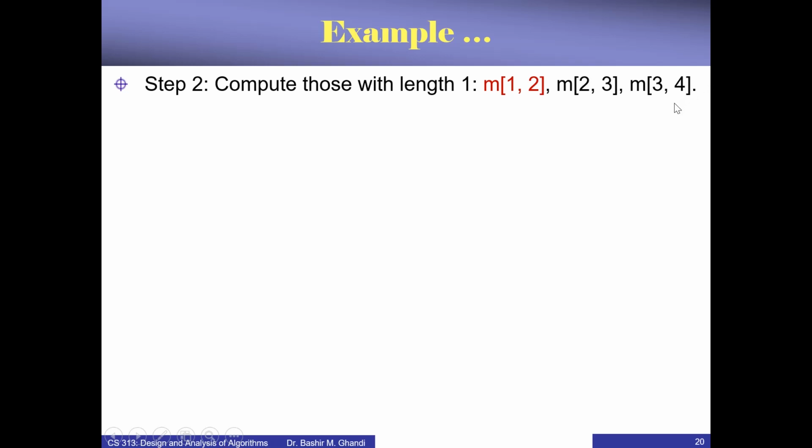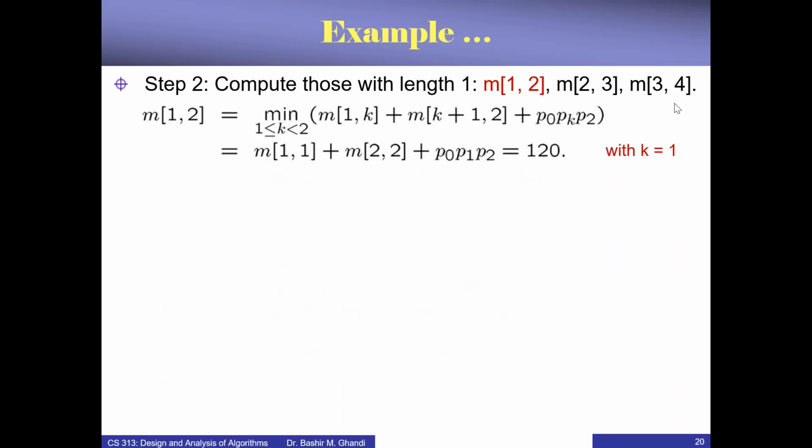After solving length 0, then length 1. Okay, so here we go. According to our formula, M12 is the minimum of M1k plus M(k+1)2 plus P(i-1) Pk Pj, well j is 2, varying k from 1 until just less than 2.